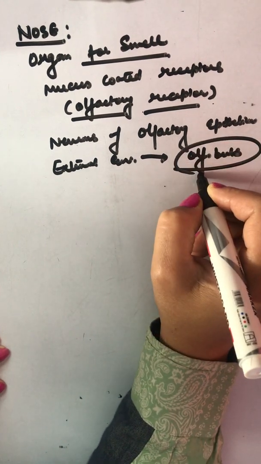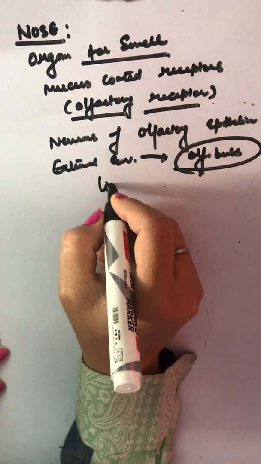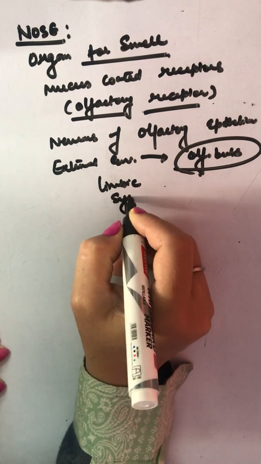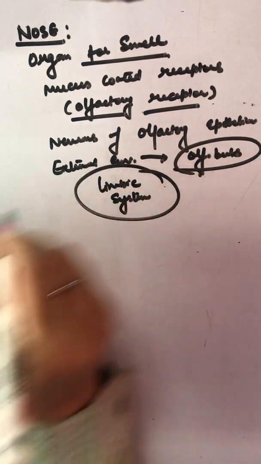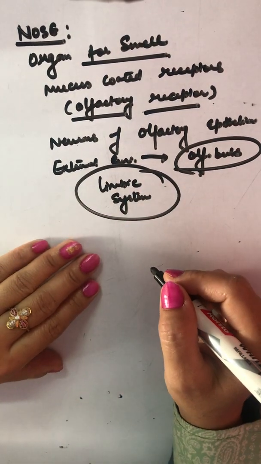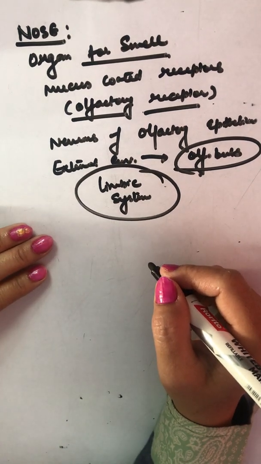This is an extension of the limbic system of the brain. Remember the limbic system? The limbic system is responsible for alarming the body during environmental conditions.